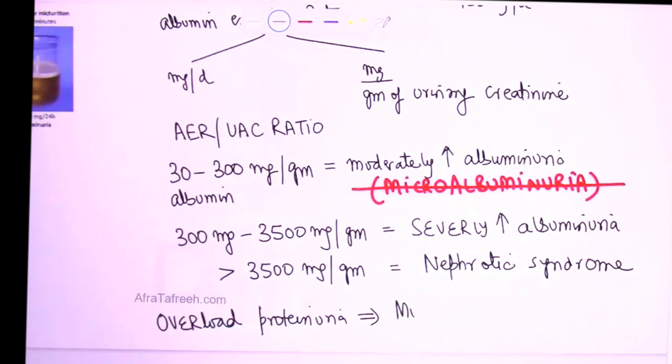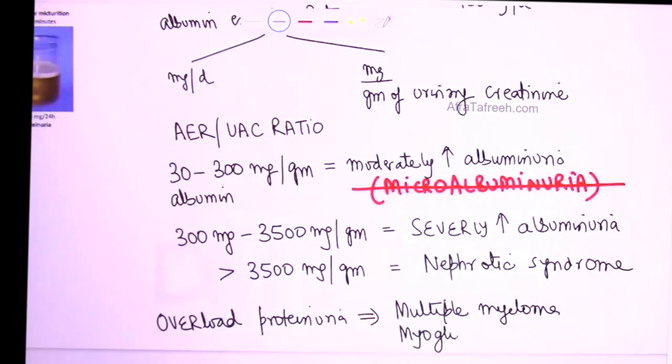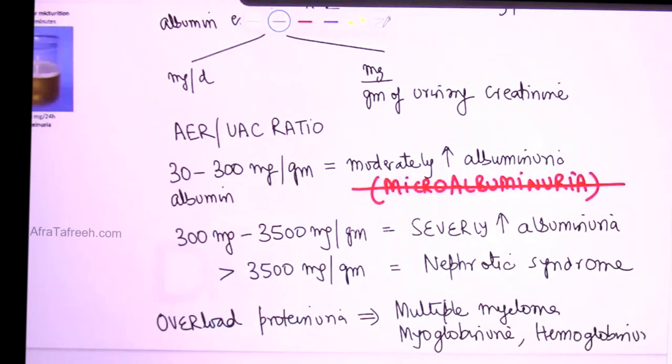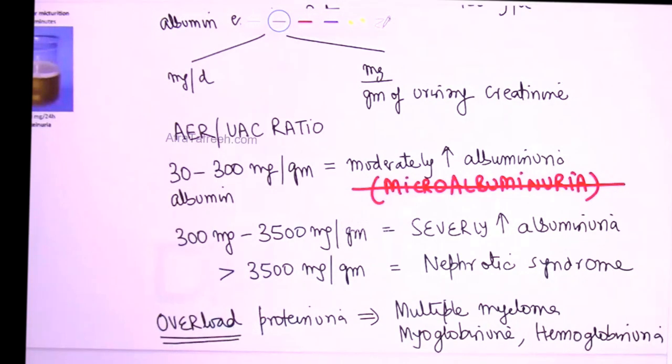One of the reasons for overload proteinuria that you have to remember from an MCQ perspective is what I just said: a disease in old age which is related to a tumor of the plasma cells called multiple myeloma. Apart from this, rhabdomyolysis can contribute to myoglobinuria, or there could be massive hemolysis contributing to hemoglobinuria. Like in case of a mismatched blood transfusion, there could be hemoglobinuria due to type 2 hypersensitivity. So the term used would be mainly overload proteinuria, that you should be aware of.